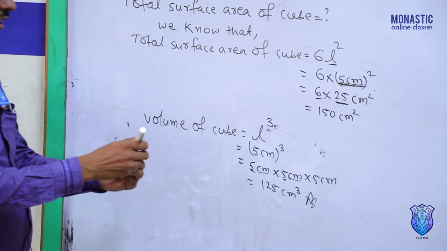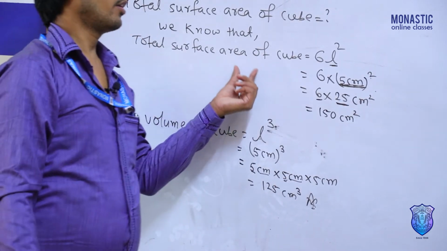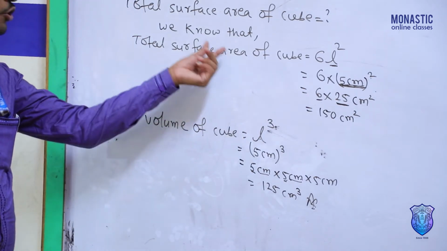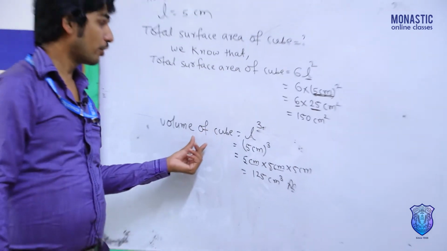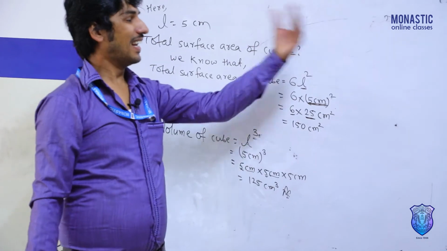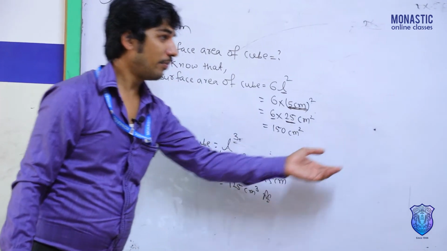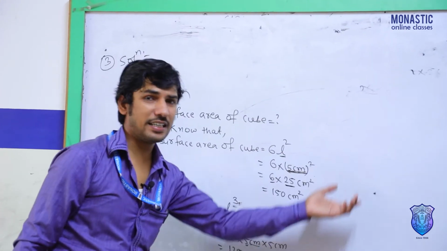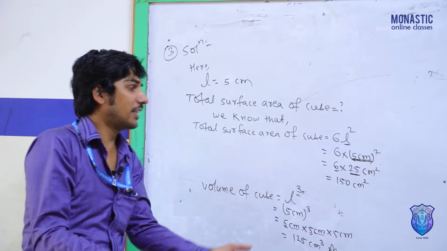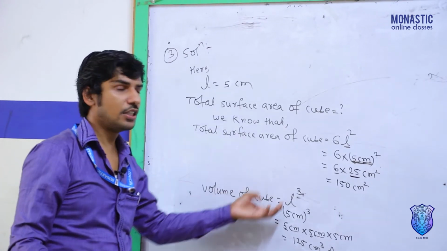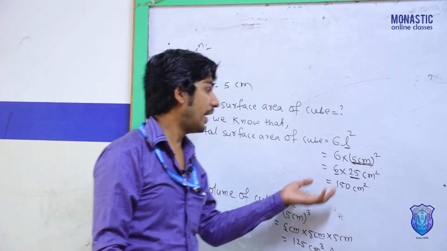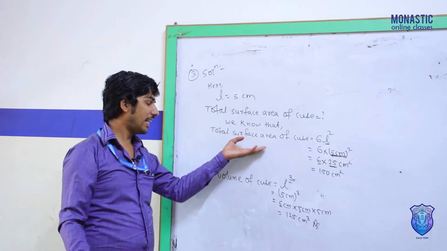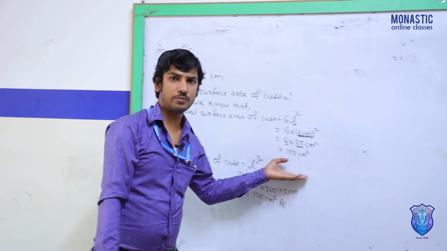Like this, simply you can find the total surface area and volume if length is equal to 8 centimeter, B is equal to 10 centimeter, H is equal to 3 centimeter.